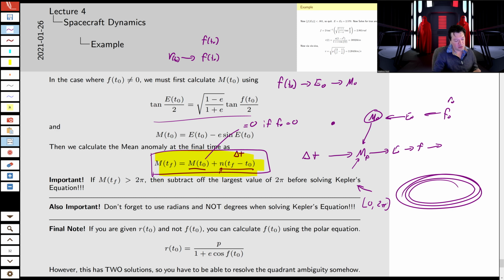If you're larger than 2 pi, subtract off multiples of 2 pi until you're within range. If you get a negative mean anomaly, add multiples of 2 pi until your interval is between 0 and 2 pi. That'll make solving Kepler's equation much, much easier. So just a caveat when solving Kepler's equation: keep your mean anomaly between 0 and 2 pi.